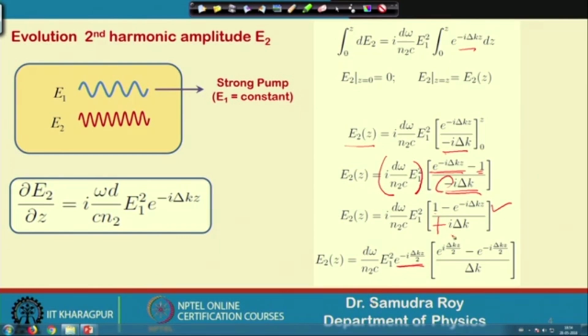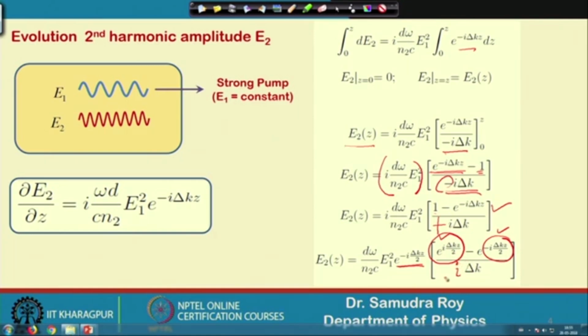When I multiply, one term we have here which should be e to the power plus I delta k z by 2, so that when you multiply with e to the power minus I delta k z by 2, we will have 1 here, and one e to the power I delta k z by 2 term will be still sitting here. So, we will have one term here and one term here with opposite sign, and delta k will be sitting here in the denominator.